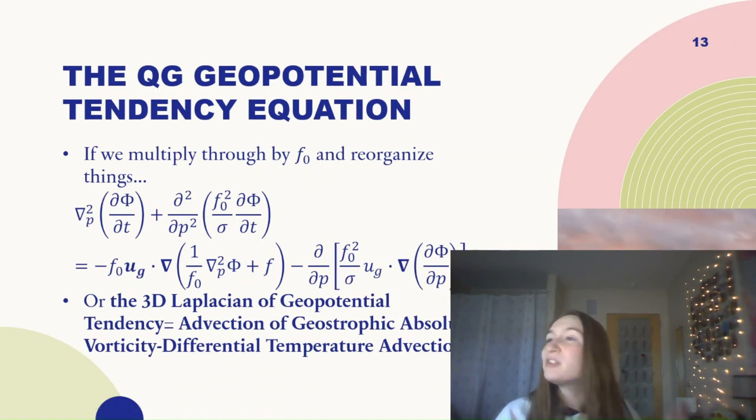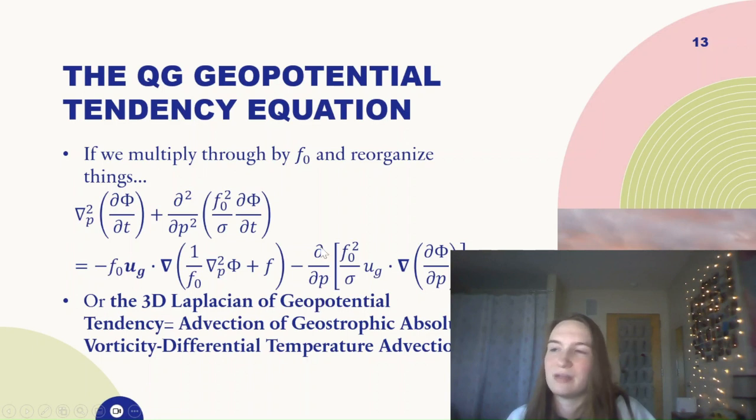So we can multiply through by f naught just to make things simpler and reorganize things, and we get this. This is the equation. It's the 3D Laplacian of geopotential tendency. It's equal to the advection, here's that UG, of geostrophic absolute vorticity, and then subtracted from the differential temperature advection.